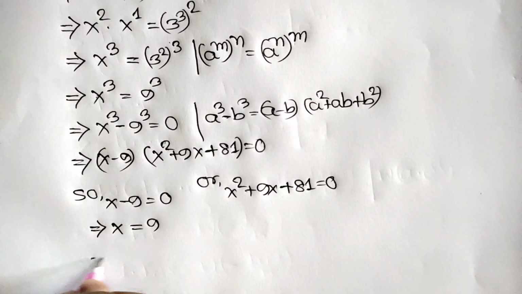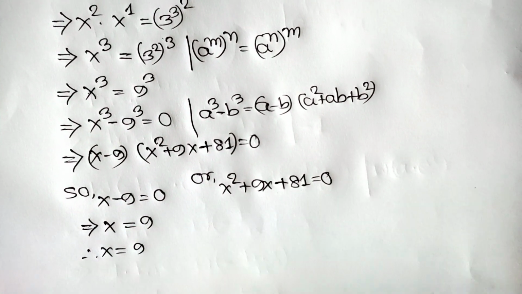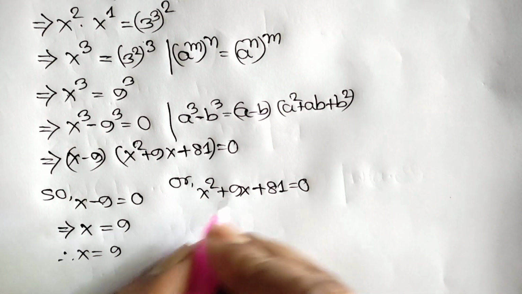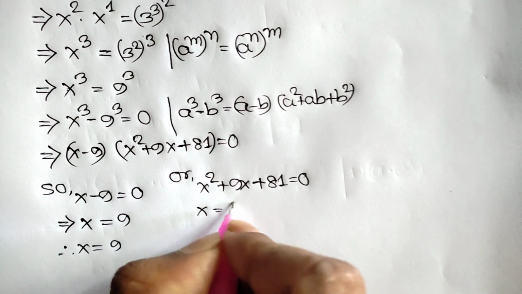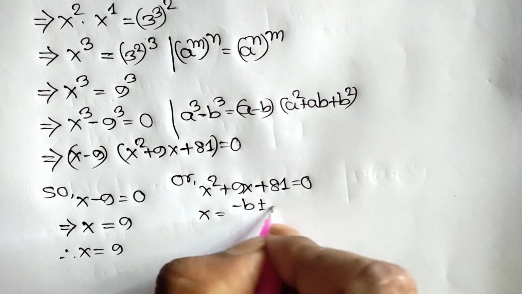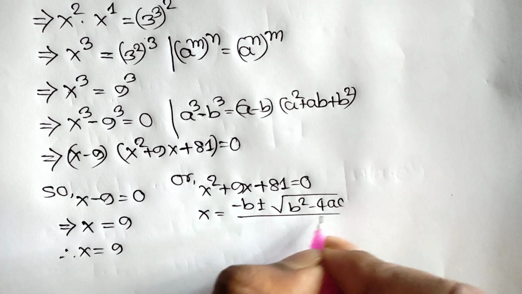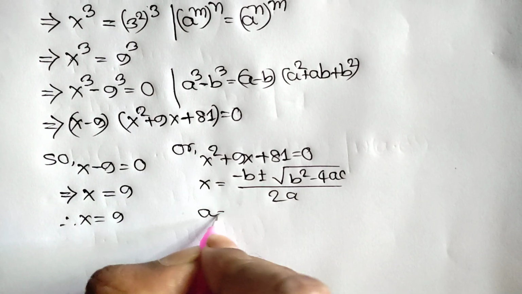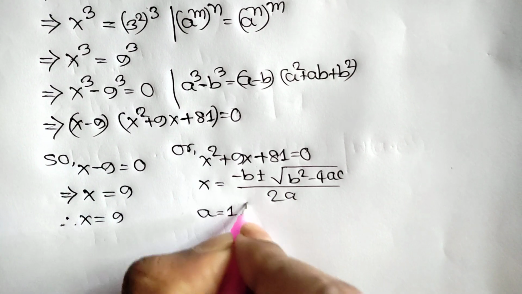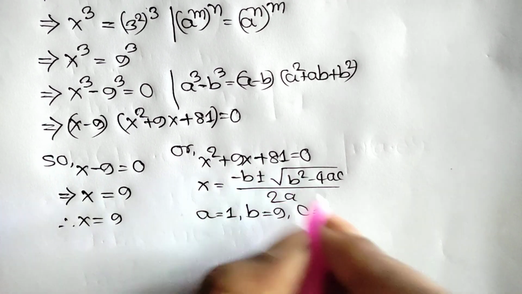So finally the value of x is equal to 9, and here we can apply the quadratic formula: x is equal to minus b plus or minus square root of b square minus 4ac over 2a. Here a is equal to 1, b is equal to 9, and c is equal to 81.